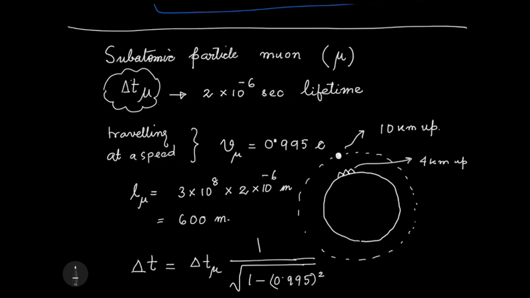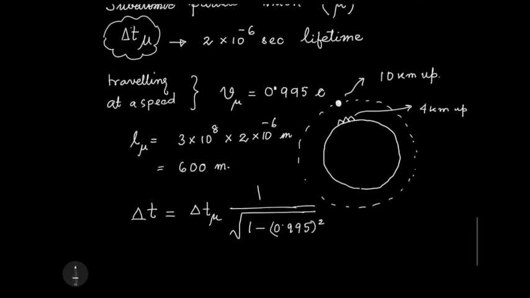So I was supposed to put beta square over here. Beta is v by c whole square. c cancels out, so v is 0.995, so that's what I have put in here. And then if I multiply it by c, that will be the distance traveled. If you calculate this, you will see that it comes out to be 6 kilometers. And that's what explains these observations. Okay, so that's time dilation in action.